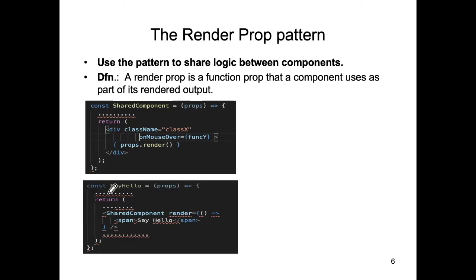Here's a consumer for my shared component. And the consumer, what does it do? It's using the shared component. And for the render prop, you can see here I'm assigning it a function using the arrow syntax, and it's the shorthand version of the arrow syntax. So my render prop function, it looks like it just returns a span.